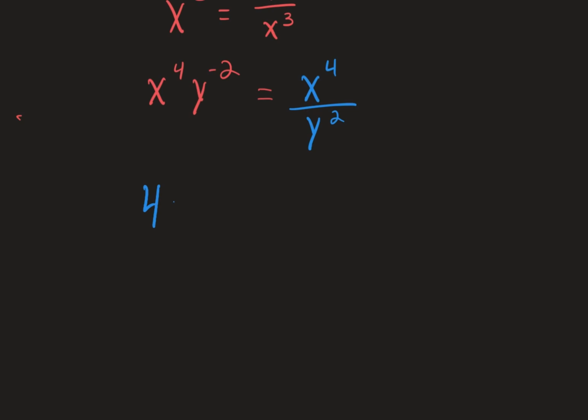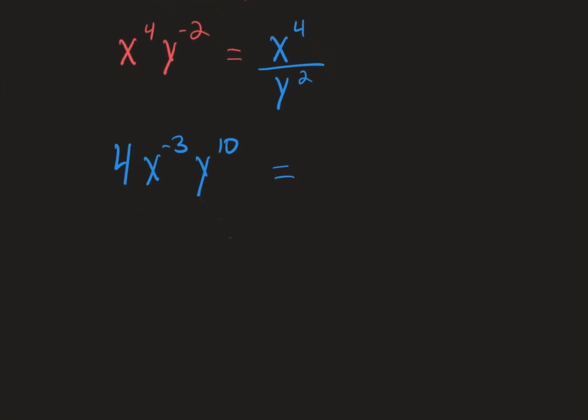So if I have something like 4x to the negative third, y to the 10th, and I want you to rewrite that without negative exponents. There's only one base with a negative exponent, so that's the only thing that needs to be moved to the denominator. The 4 doesn't have a negative exponent, so the 4 is going to stay in the numerator.